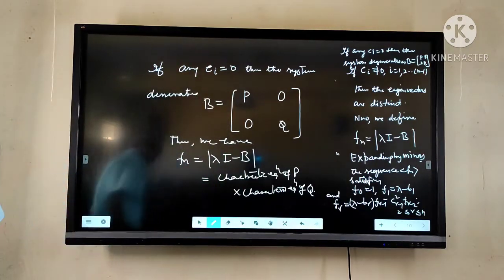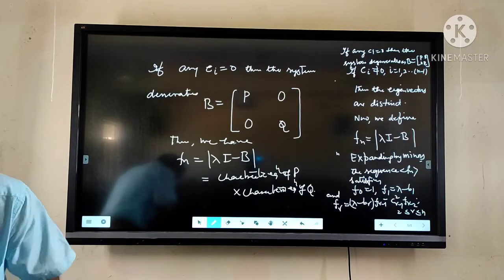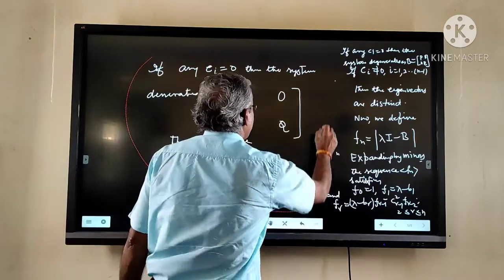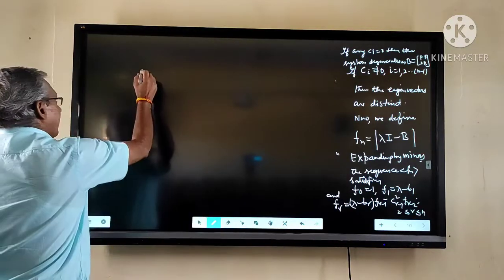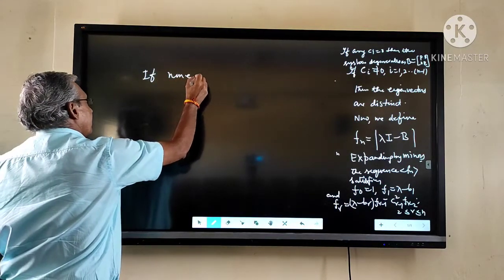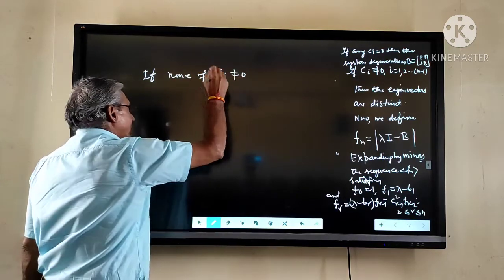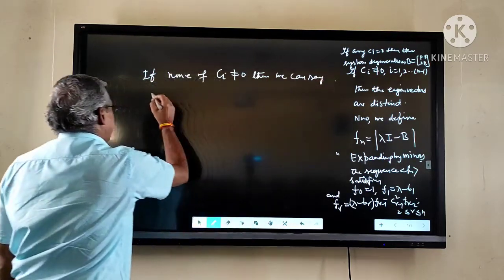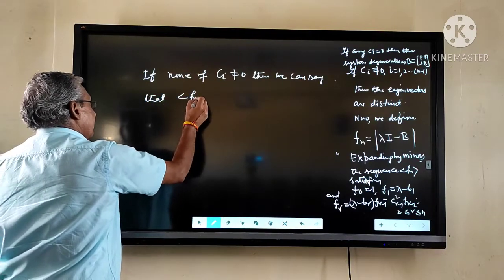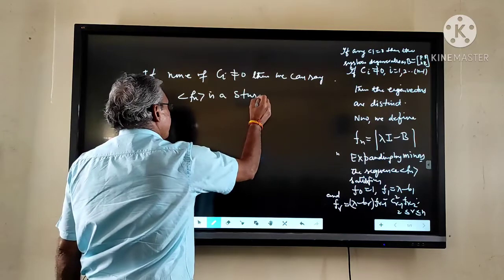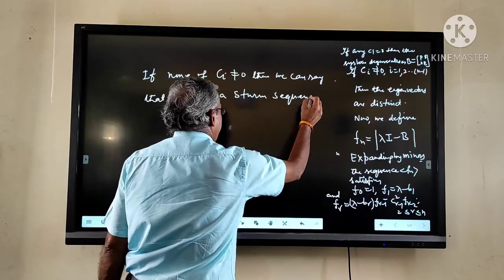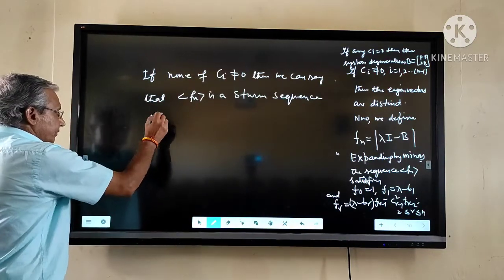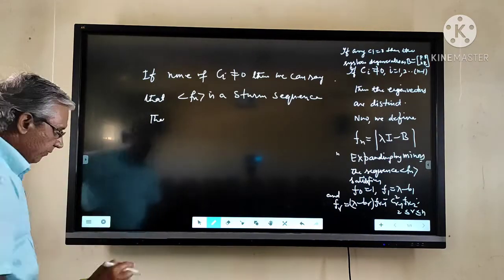If none of the Ci is equal to 0, then we can say that Fn is a Sturm sequence.